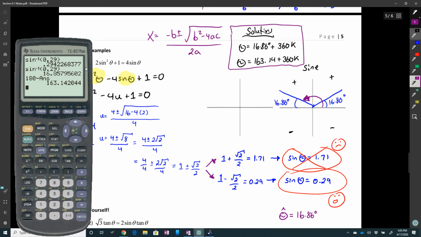In radians, it's the same thing, except that this is 0.29. So I guess I'll do it in radians. If you wanted to do the answer in radians, it'd be 0.29 plus 2 pi k. And then the other answer would be pi minus the 0.29.